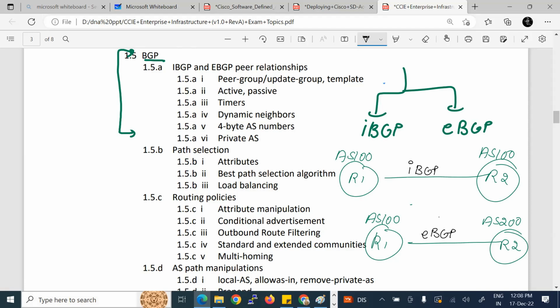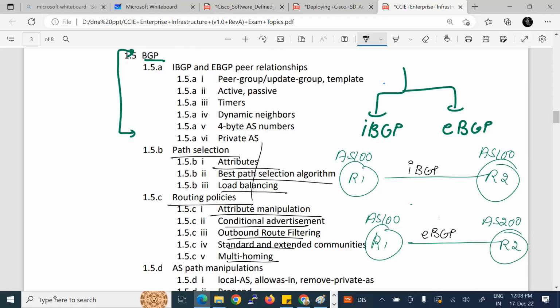First you have to enable BGP, then you have to configure the neighborship. Then we'll discuss how routes are advertised in BGP, what the path attributes are, route summarization, route filtering, route redistribution, path manipulation, path selection, best path selection, load balancing, routing policies.